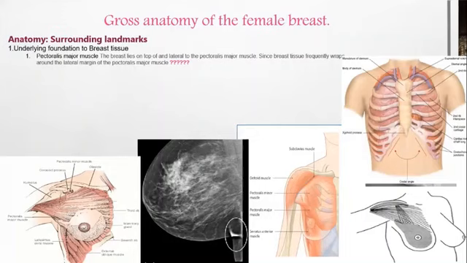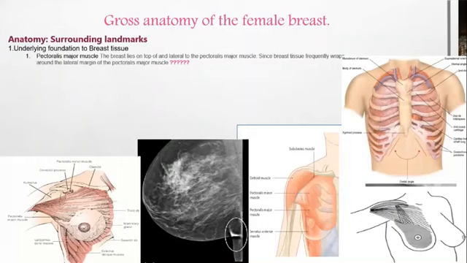And as you know, the breast is resting on the pectoralis muscles. And the pectoralis muscle fibers are running obliquely, you see? And the lateral aspect of the breast is wrapping lateral to the pectoralis muscles.